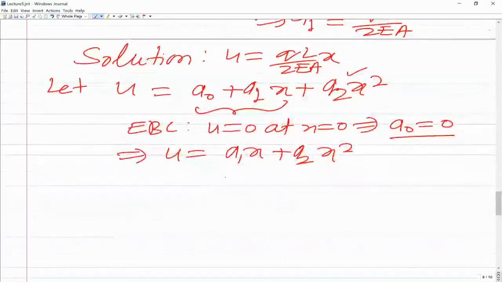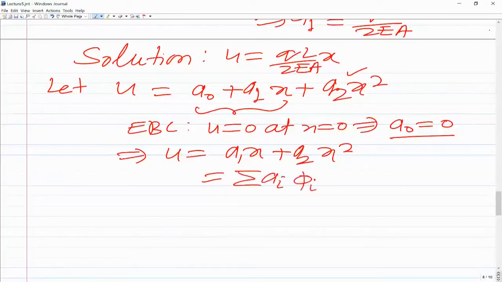Sometimes in the literature you will see that this can also be written as a_i into phi_i, where i goes from 1 to 2. If you look at a1 and a2, these are the constants, and phi 1 is nothing but x and phi 2 is nothing but x square.